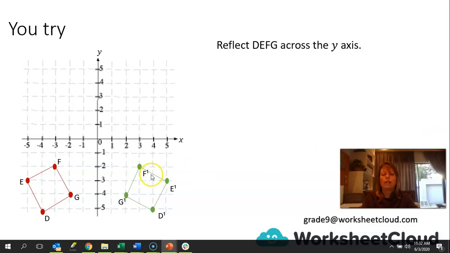Now you can carry on reflecting. You can then reflect D1, E1, F1, G1. We can reflect this shape across the x-axis, in which case it will come into this quadrant, or we can go back to our original and reflect that across the x-axis, which means that it will come into this quadrant.